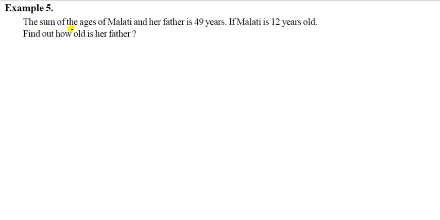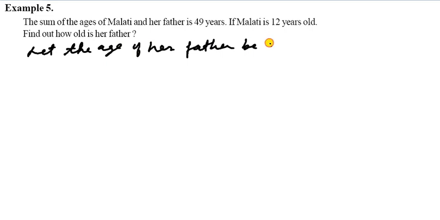Now example 5: the sum of ages of Malti and her father is 49 years. If Malti is 12 years old, find out how old her father is. So let us see what will happen. Let the age of her father be x years.